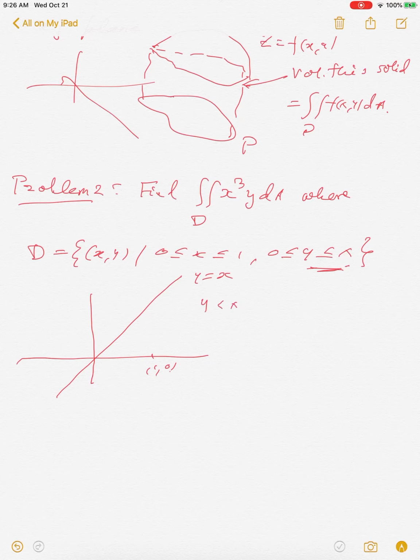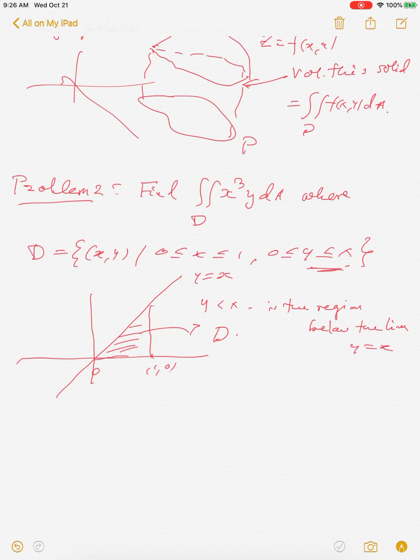So the region below the line y equal to x is y less than x. And you want y positive, so you don't want to go to the negative values. And your x is between 0 to 1. So you see that this is the triangle that you are going to get. This is your D. So the first step is drawing a picture as before.